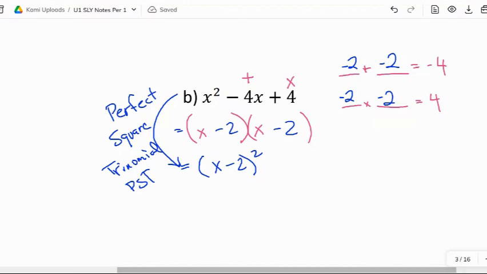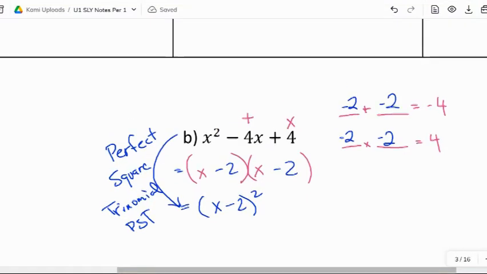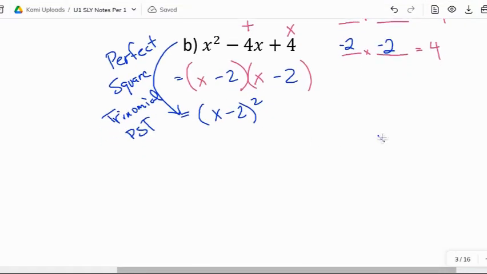So this is how we look at it. Here, let me give you one truly simple. Okay.